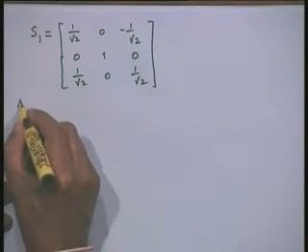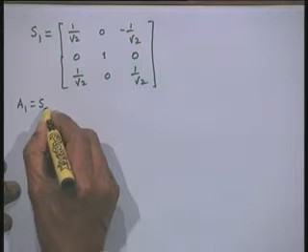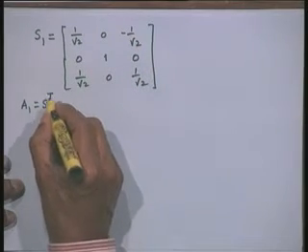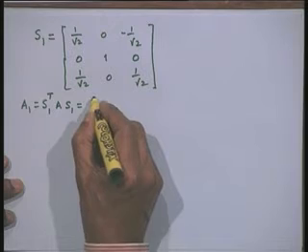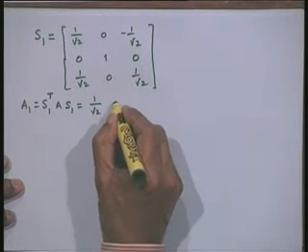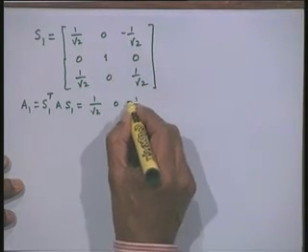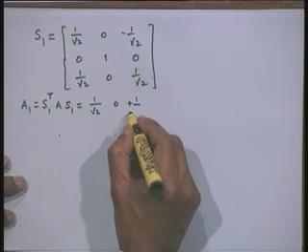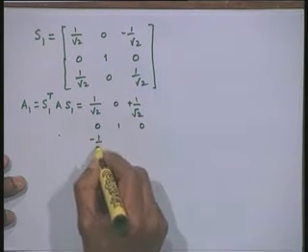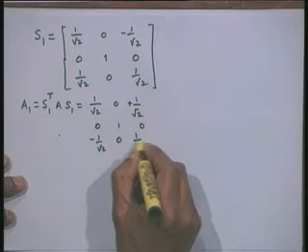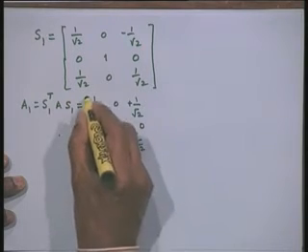Now, we need A1. A1 is S1 inverse A S1, that is S1 transpose A S1. So, let us write this: 1 upon root 2, 0, 1 upon root 2; 0, 1, 0; minus 1 upon root 2, 0, 1 upon root 2, taking the transpose.